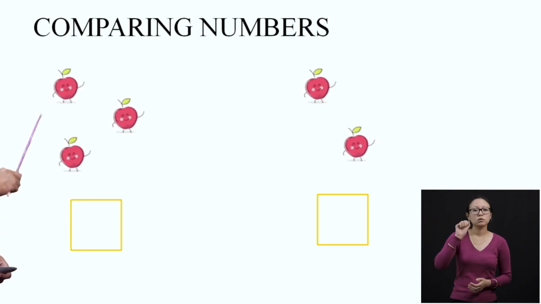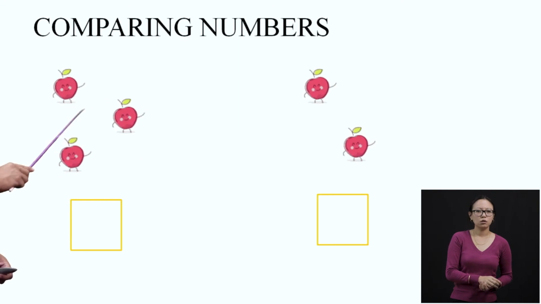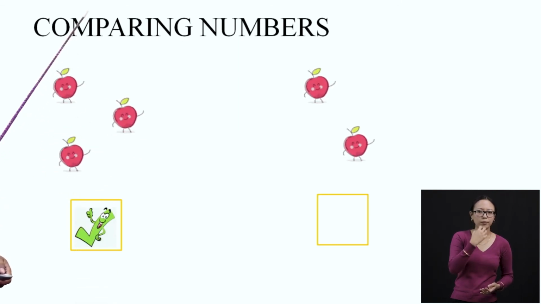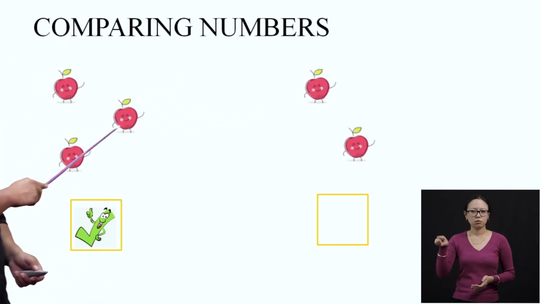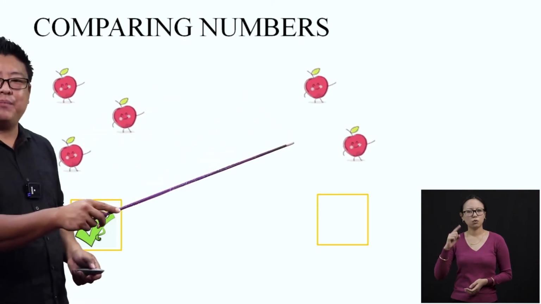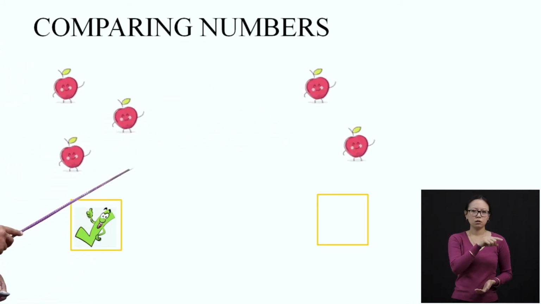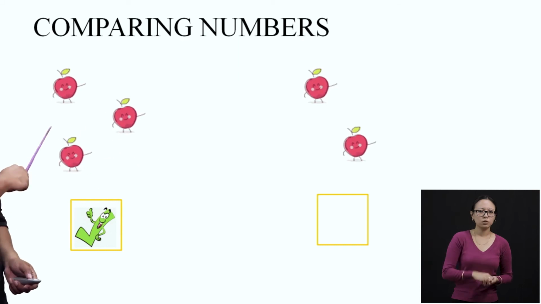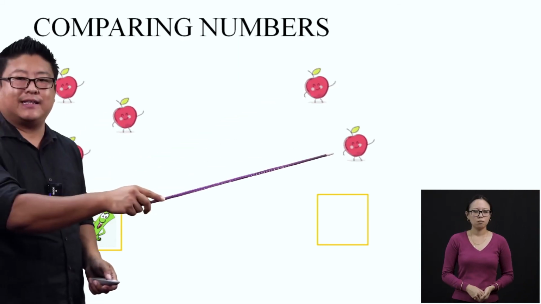That means it is greater, right? 3 apples is greater than 2 apples. So we will put a tick mark here to show that this is greater than this, all right?